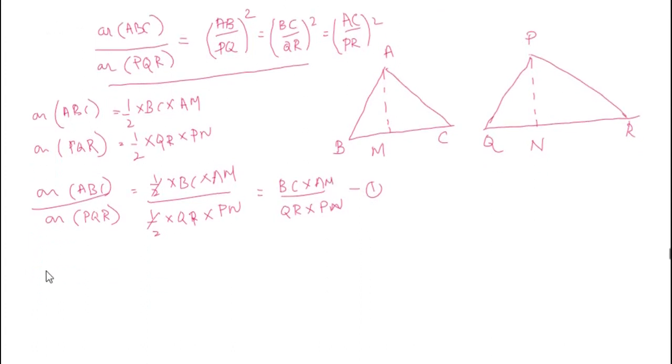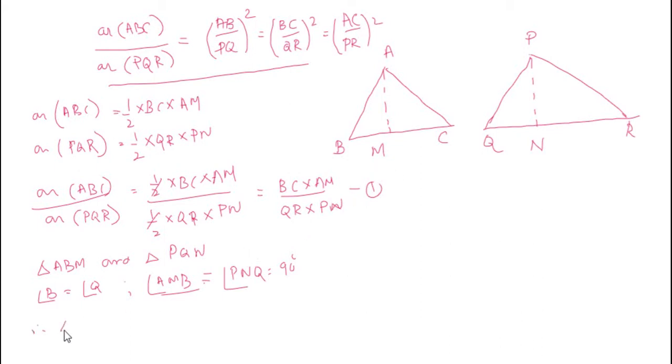In triangle ABM and triangle PQN, we have angle B equal to angle Q, angle AMB equal to angle PNQ, because both are 90 degrees. Therefore, the third set of angles are also equal.